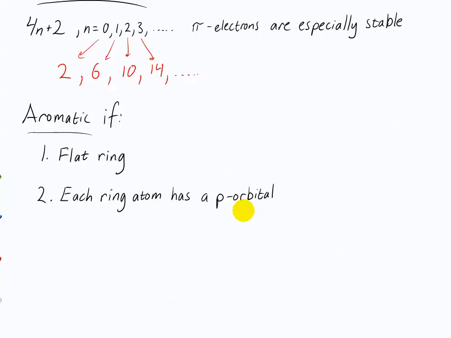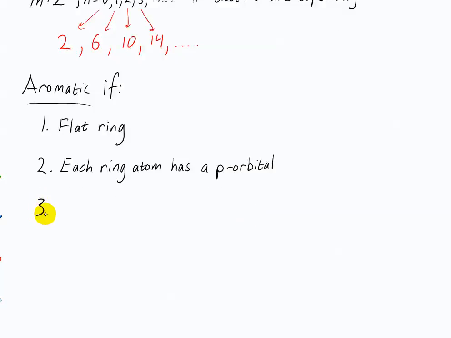If it's flat and they have p orbitals, all the p orbitals will line up and they'll all be in conjugation. And then the third part, which is what we just talked about, you need it to have 4n plus 2 pi electrons. So it's got to have either 2, 6, 10, 14, and so on pi electrons.